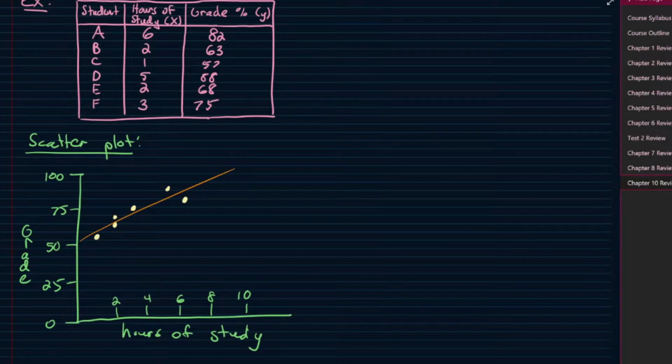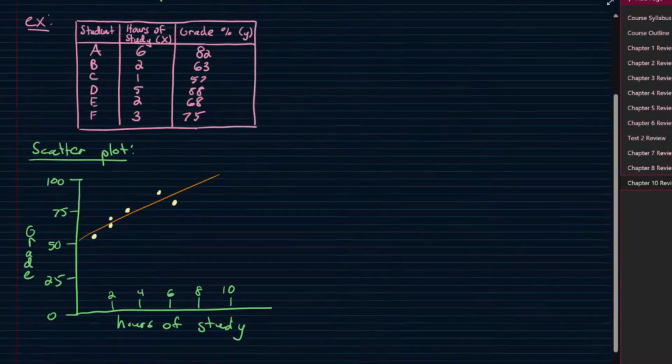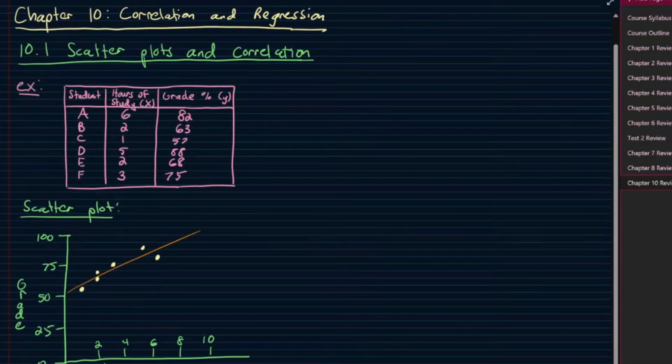So you can see, since this is an upward facing slope to the right, and all the values are pretty close to this line, that would mean there is a positive relationship between the variables, which means they're pretty well correlated. We'll discuss what it means to be correlated or not, but I first wanted to show an example of a scatter plot.